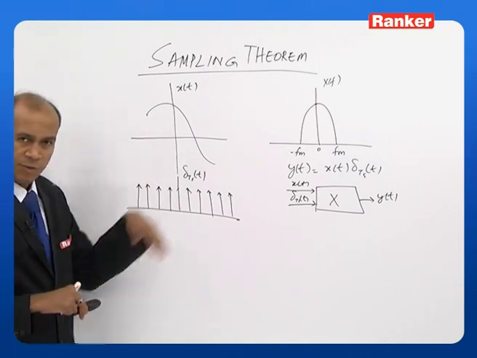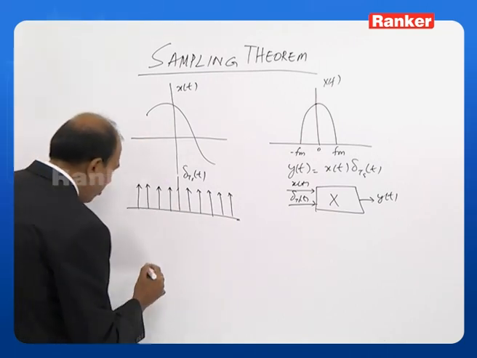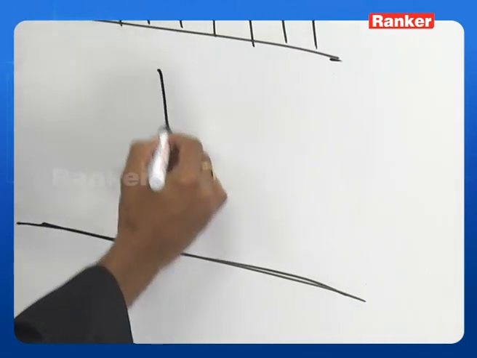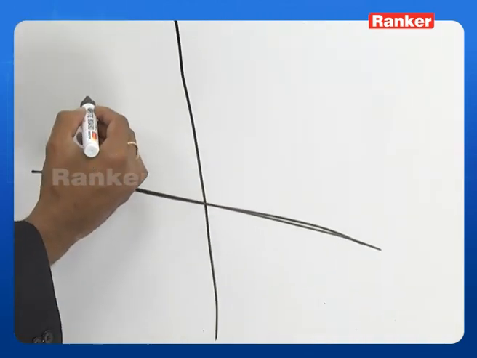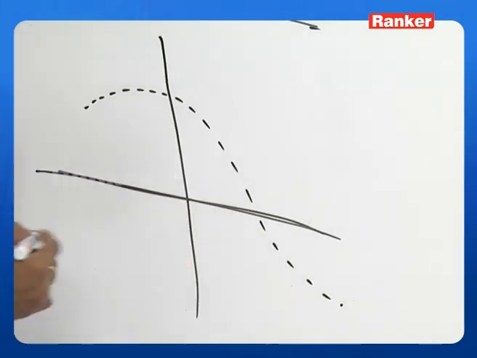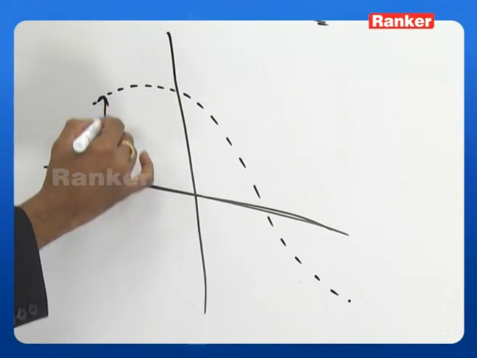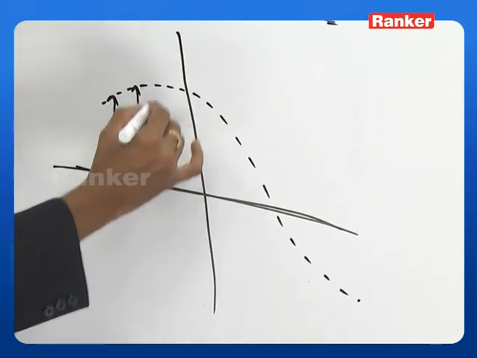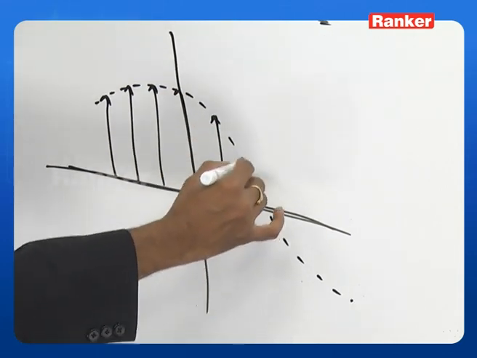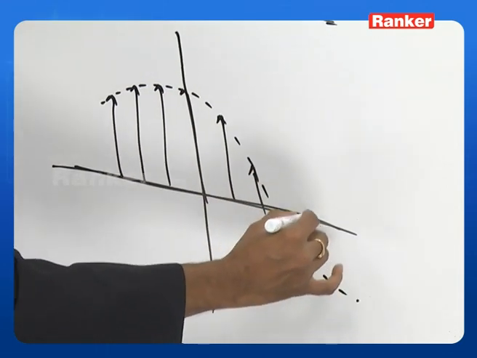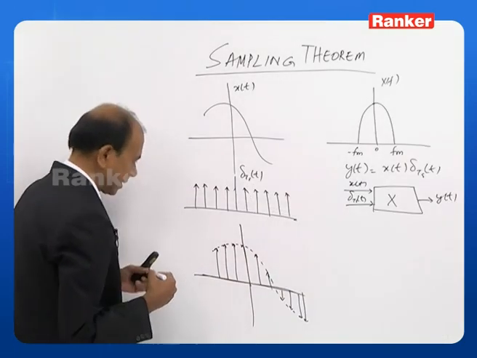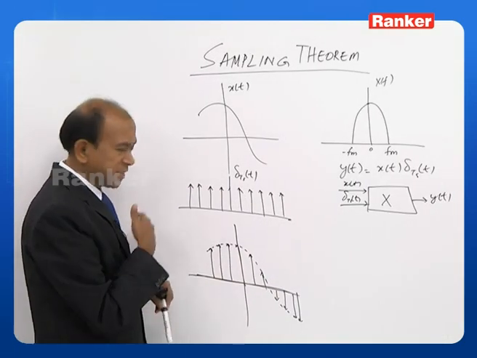I have to multiply these two. If you see this, the output will be something like this. So, this is my discrete signal.